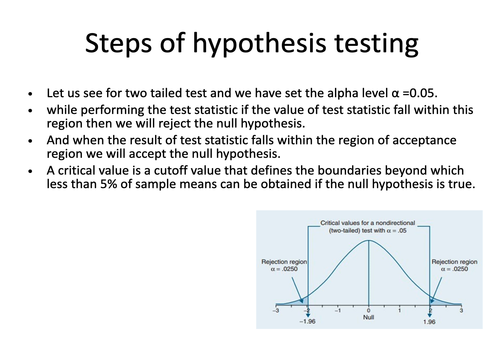A critical value is the cutoff value that defines the boundaries beyond which less than 5% of sample means can be obtained if the null hypothesis is true. Sample means obtained beyond the critical value result in the decision to reject the null hypothesis.